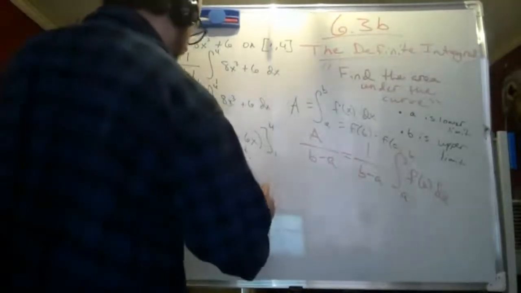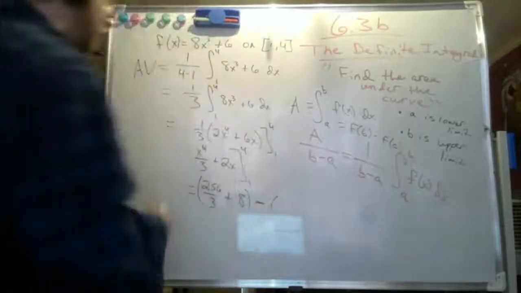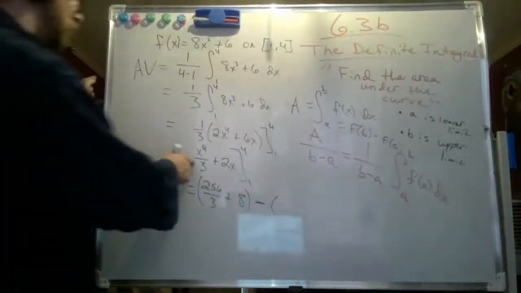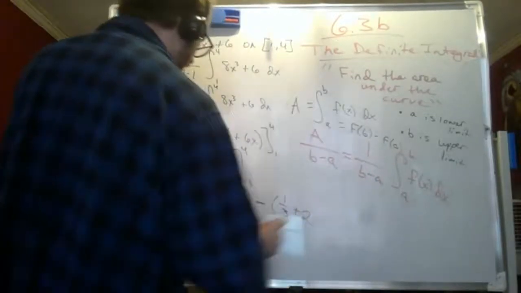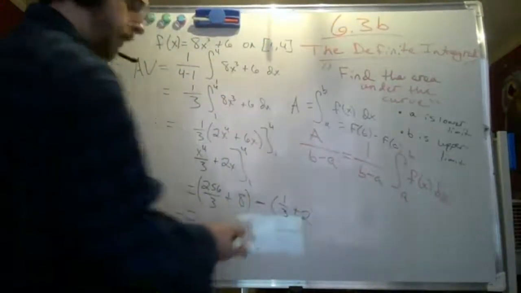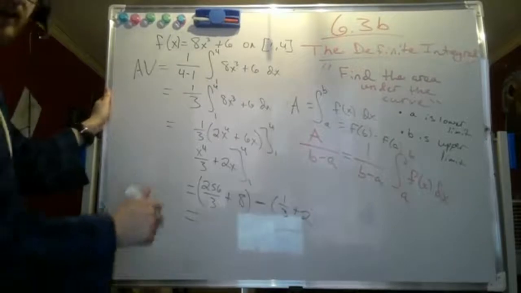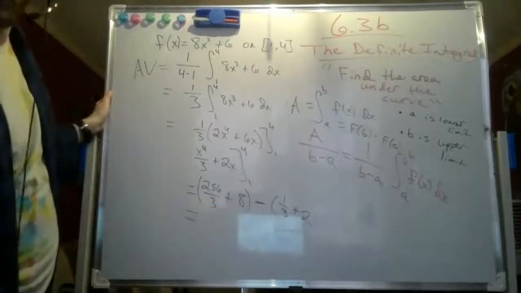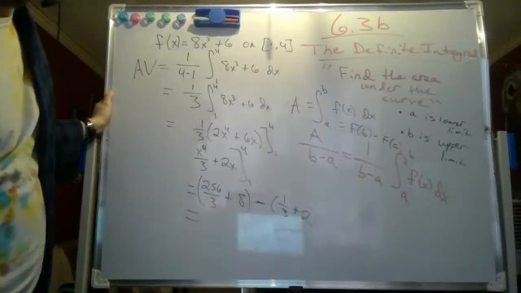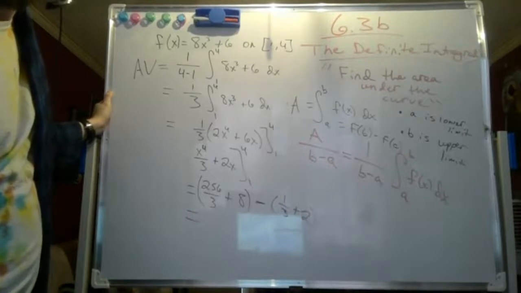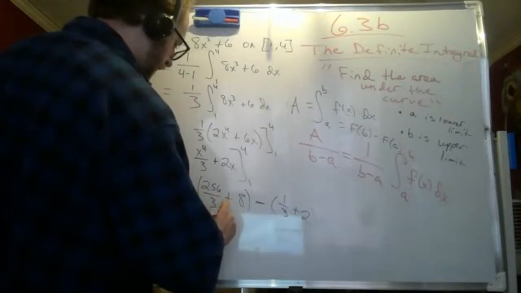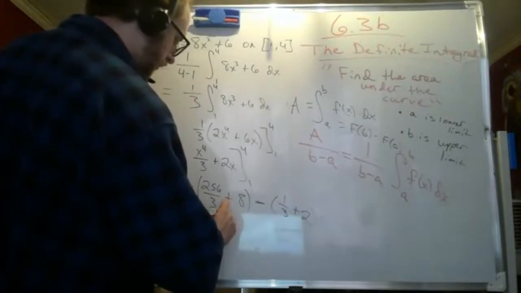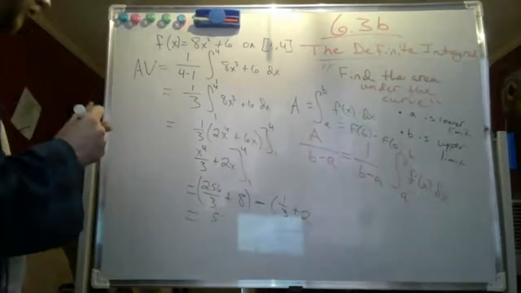And then we're going to have minus what we get when we plug in 1. So when we plug in 1, we're going to have 1/3 plus 2. And you work through this. On the left side, this is going to simplify to 5.